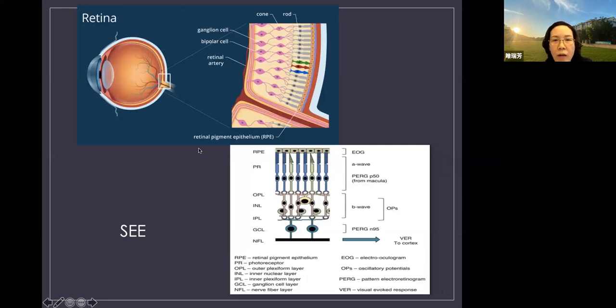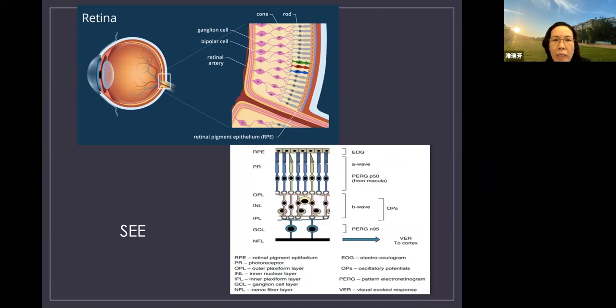Visual electrophysiology means we are measuring something different. We are not measuring the thickness of a retina. We are measuring something special that an electrode can get and record.